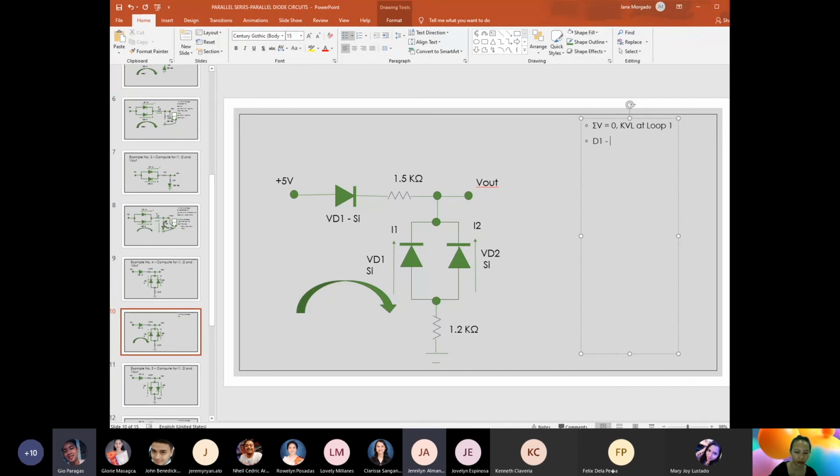Forward. Now D2 and D3. How about D2? Reverse. Forward.